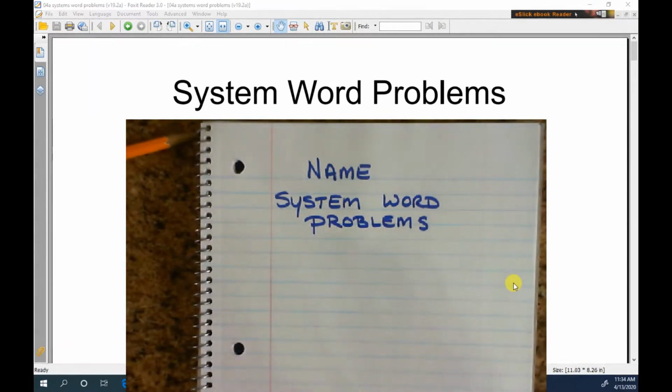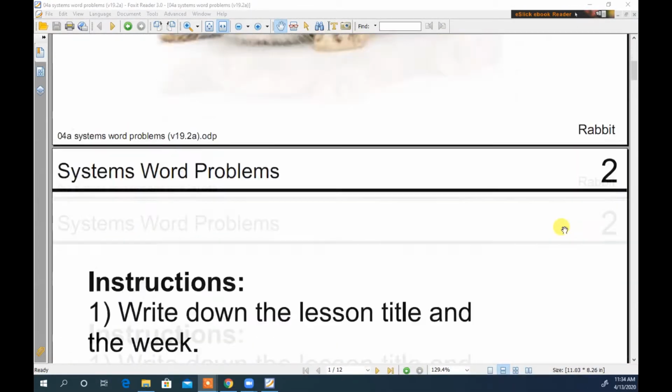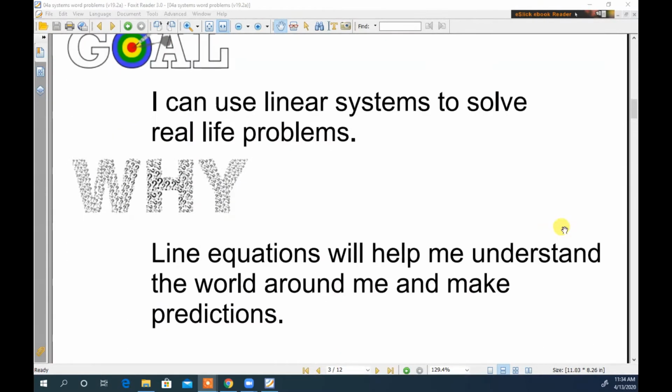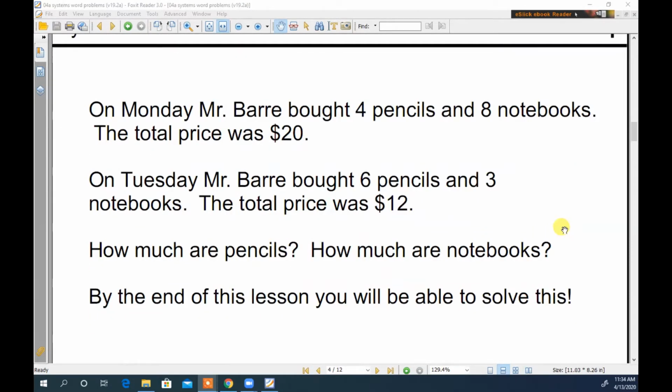So write down your name and system word problems. So we're using linear systems to solve real life problems. You do not need to write anything until I start writing.